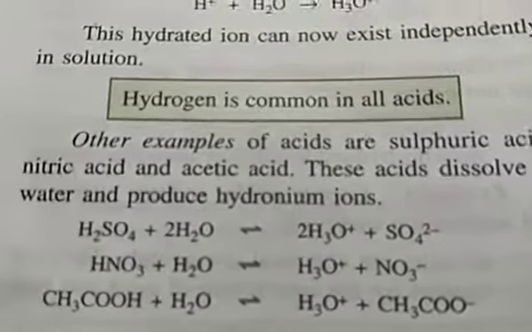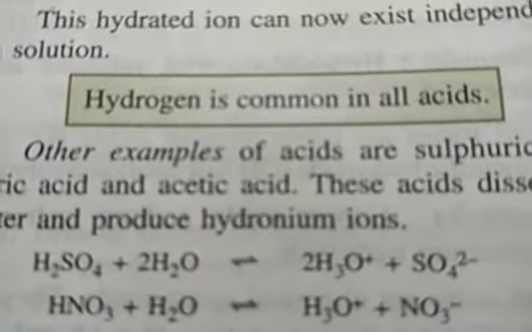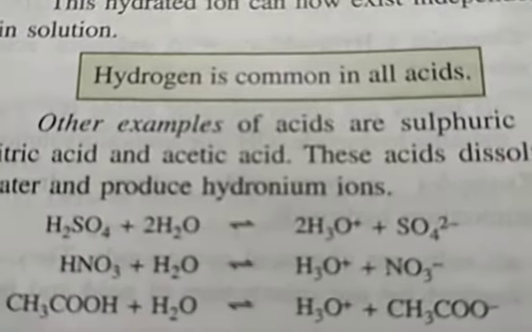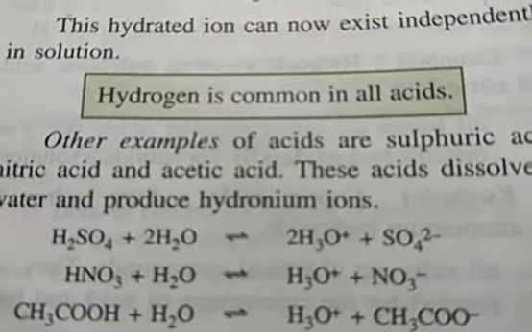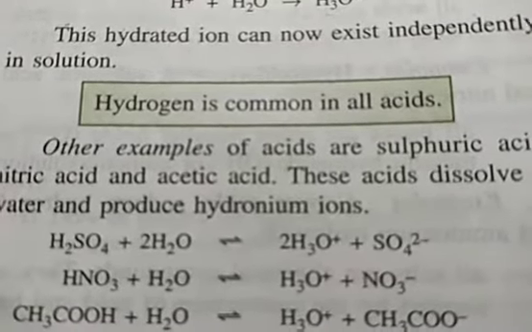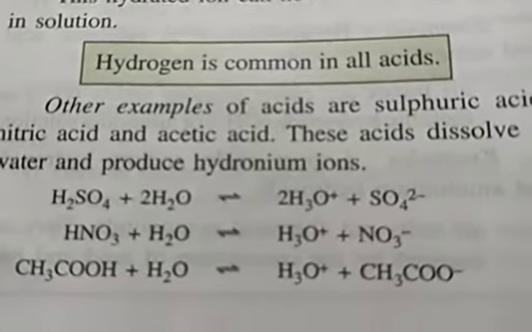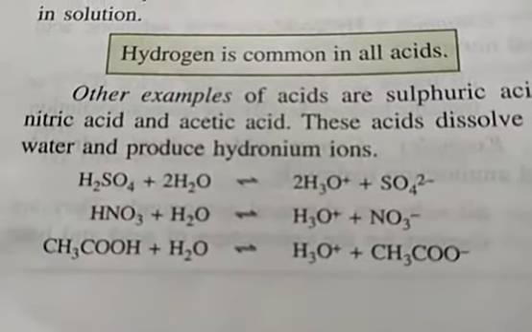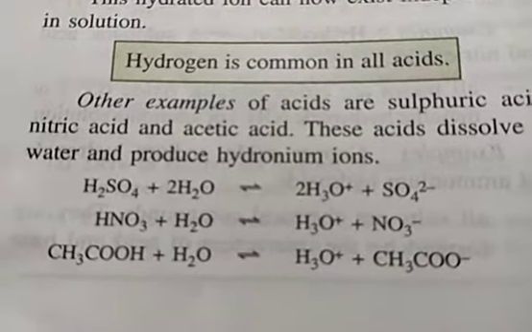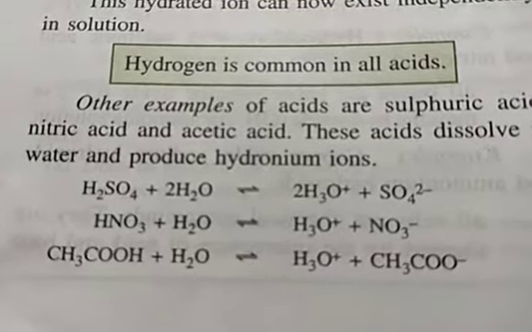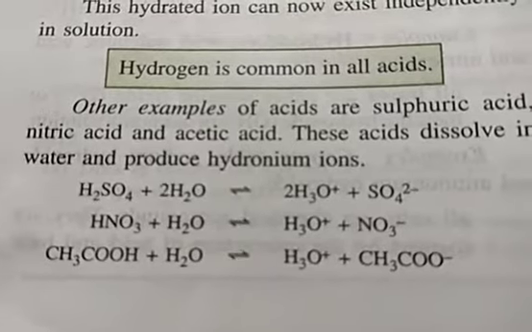So in this example, in this reaction, you can see H2SO4 when dissolved in water gives sulfate ion along with two hydronium ions. So these are the production of H3O+ when you are using either sulfuric acid or nitric acid or acetic acid.